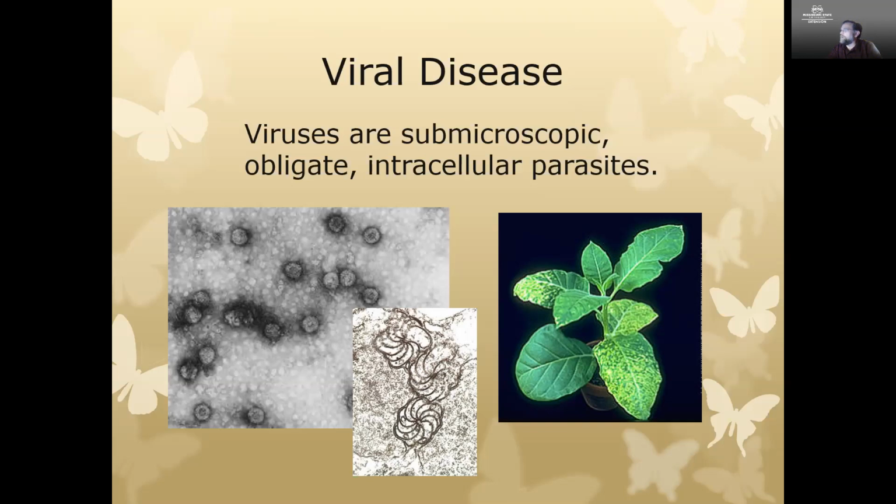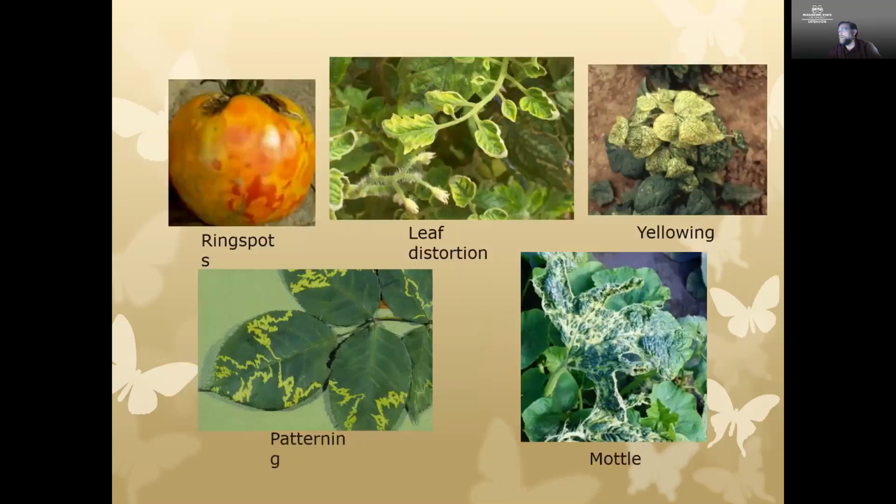An intracellular parasite means that it actually parasitizes whatever it's affecting by getting inside the cell and replicating in that cell using the machinery that the cell would normally use for its own purposes. And when we say obligate, what that means is that it really can't reproduce outside of the cell of its host. So that puts all of those pieces together.